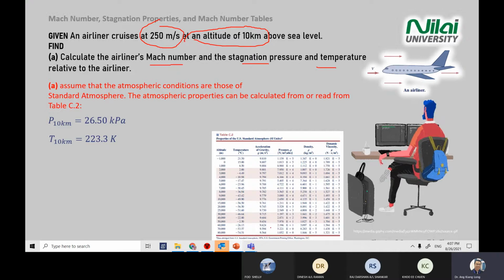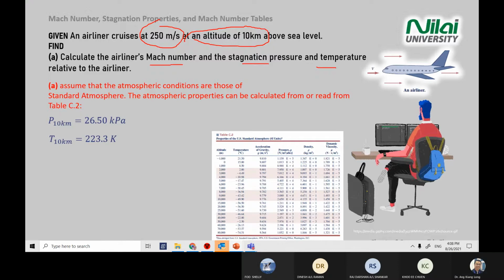From this table, maybe the numbers are a bit small on your screen if you're using a handphone, but if you're using a computer, I think you can see clearly. Along 10,000 meters, or 10 kilometers, you can see that the pressure is 26.5.